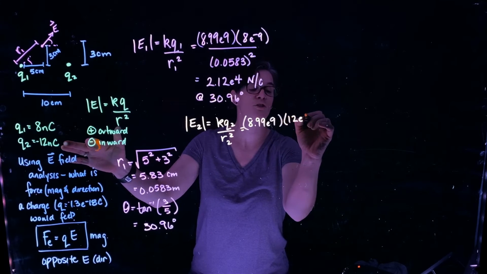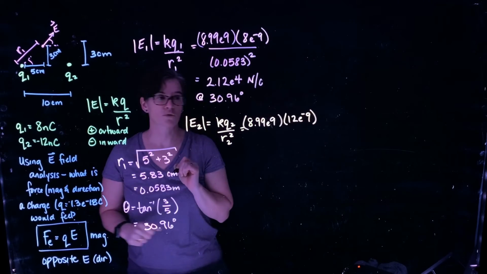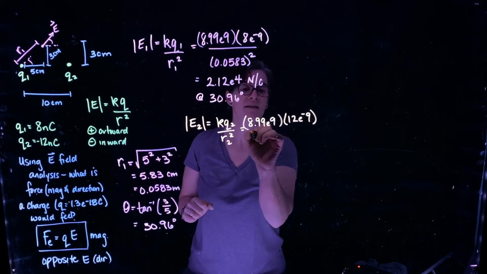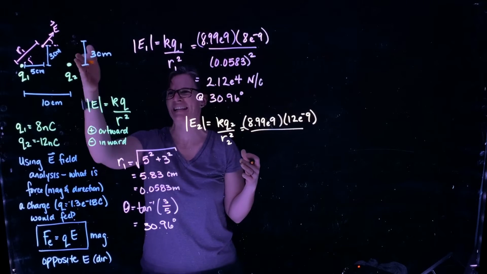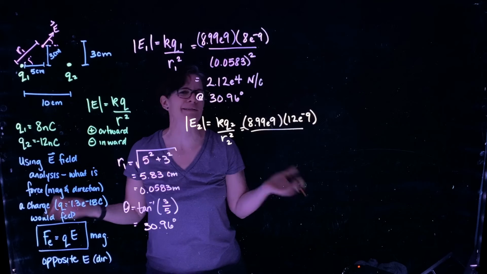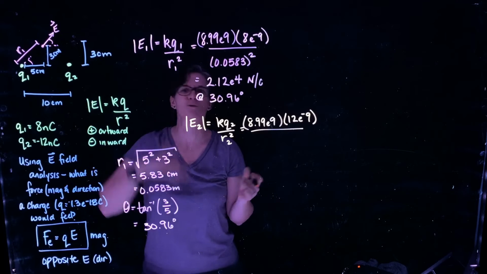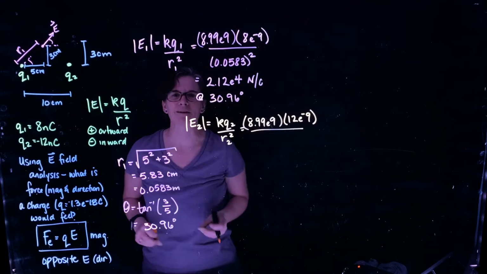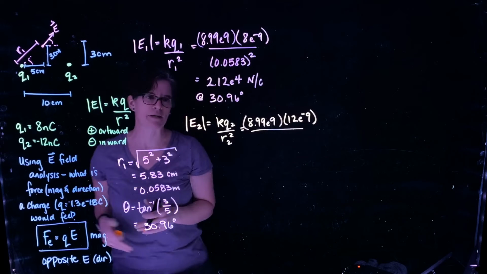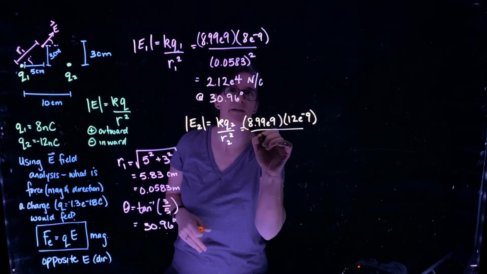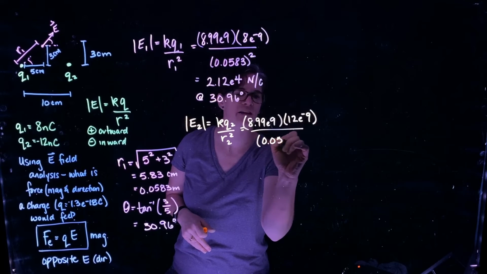So the magnitude of our electric field is based on the size of that charge. So 12 times 10 to the negative ninth all over the radius. Well, the radius between Q2 and that location is the same as the radius between Q1 and that location because it's right there in the middle of those two dots and 3 centimeters up. So that's going to be divided by 0.0583 squared.